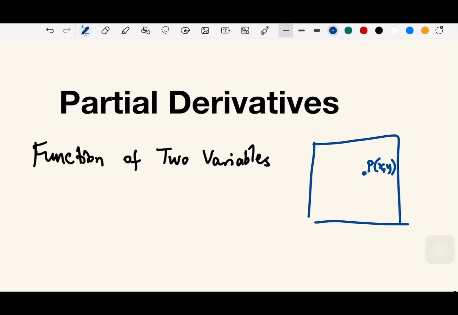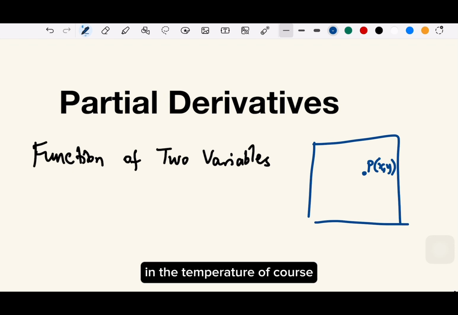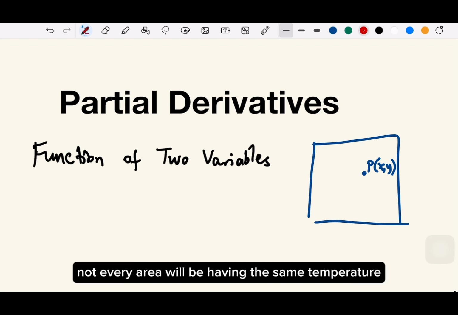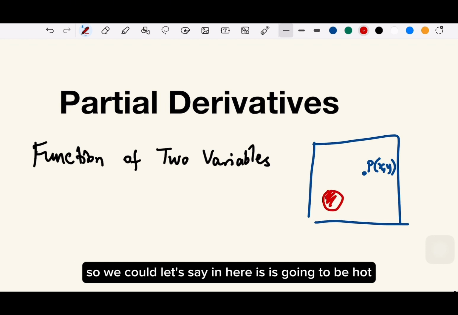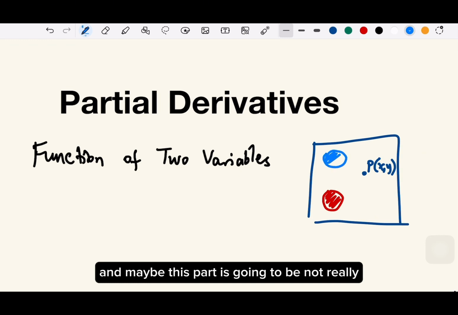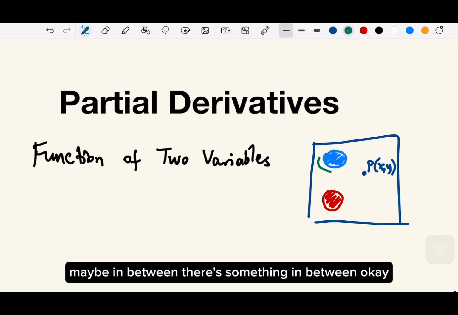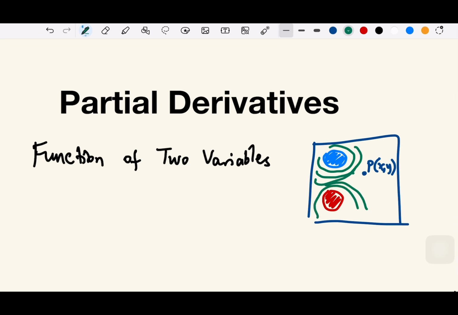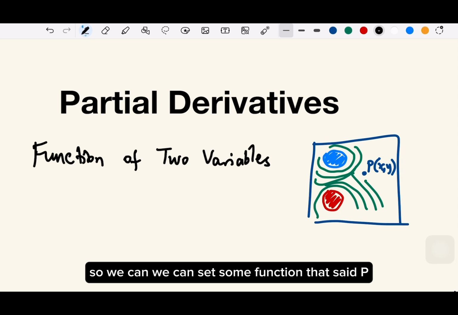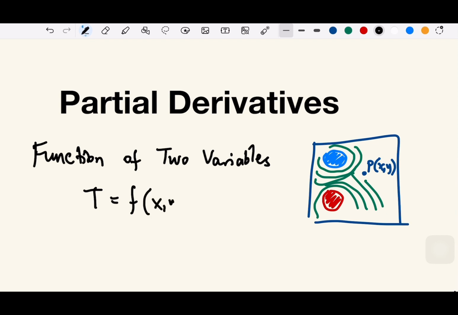And in the temperature, of course, not every area will have the same temperature. So let's say in here it is going to be hot, and then maybe this part is not really, and maybe in between there's something in between, okay? So we can set some function, let's say T for temperature, as a function of two variables x, y.